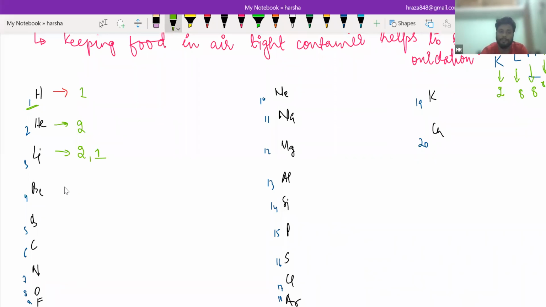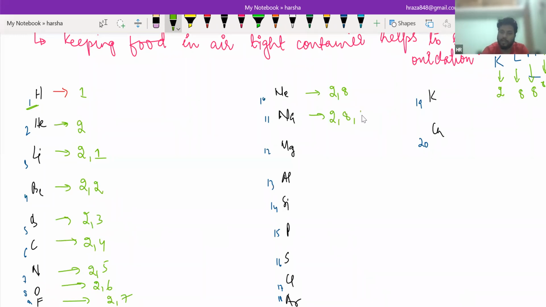So it will have this electronic configuration, and it will have this configuration. It will have 3, and so on, because in the second shell 8 electrons can go: 2,7, and here you can see 2,8, and then 2,8, not more than 8. So in the third shell it will go 1, again 2,8,2.